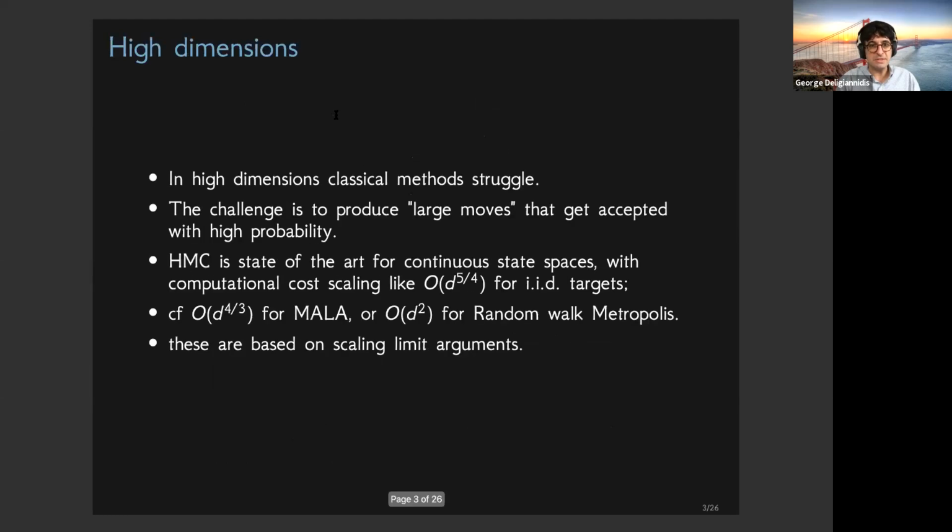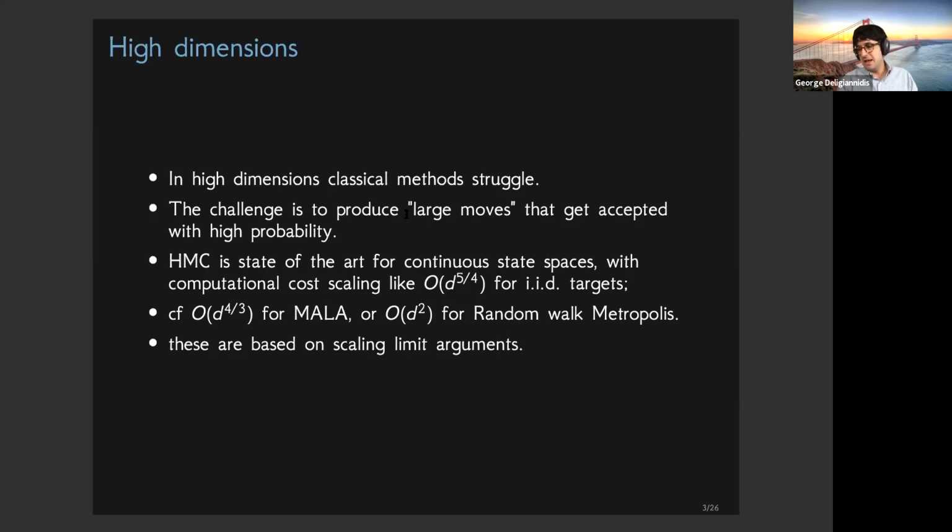It's very important. Okay, so the general idea is that in high dimensions, classical methods tend to struggle because it's hard to produce large moves that get accepted with high probability. HMC tends to be widely accepted as the state of the art. So if you believe in the scaling limit mantra, then for IID targets at least, HMC tends to scale like d to the 5/4, which is better than d to the 4/3 for MALA or d squared for random walk Metropolis.